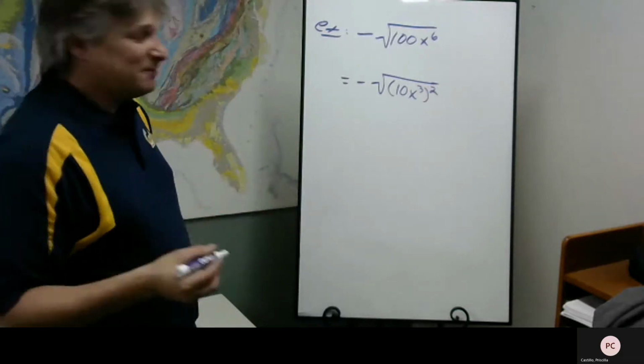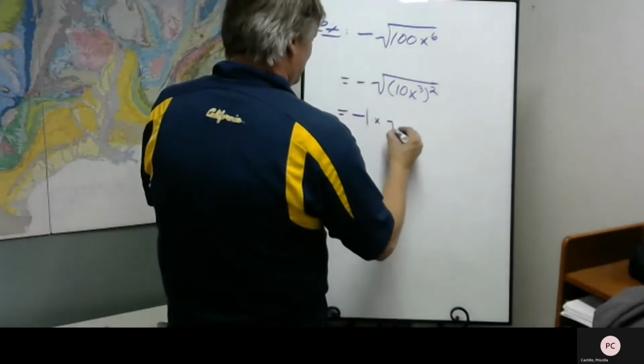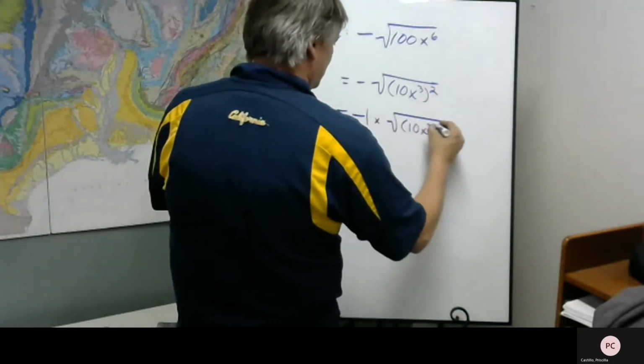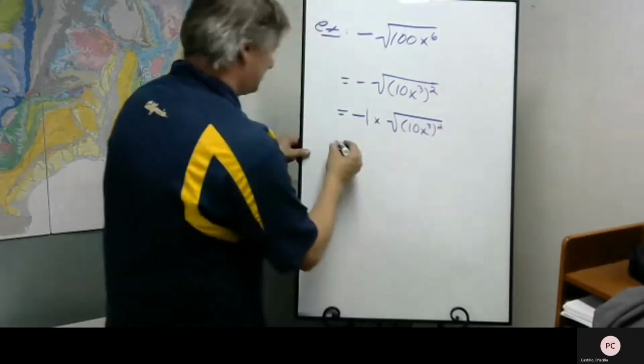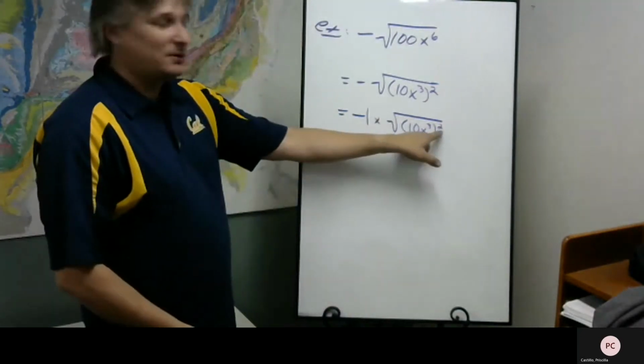Now I'm kind of in favor of this. If you think of it like this, I think this problem becomes easier. You have a root 2 and a 2.